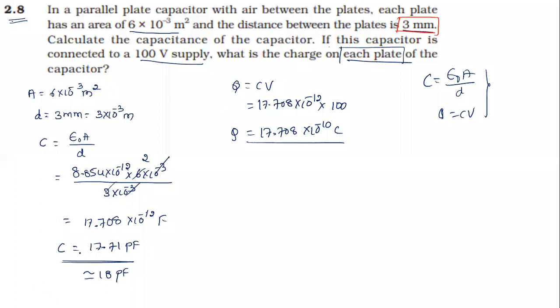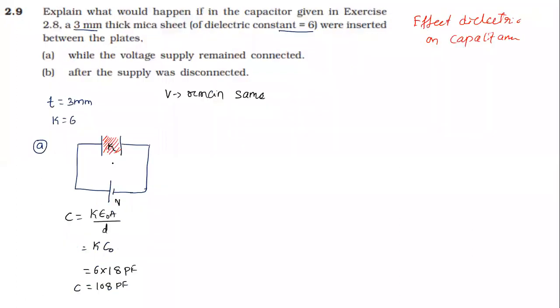Because they are asking for charge. See, potential remains the same, V remains the same, because it is connected to the battery. The same potential will be there when the battery is connected. Capacitance becomes this much. Now what does the charge become? Charge Q will become K times Q naught, where Q naught is the charge when it was air medium.